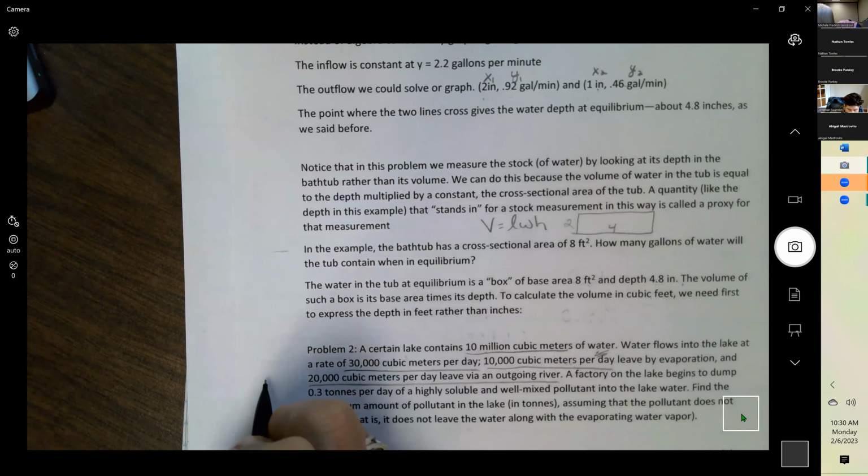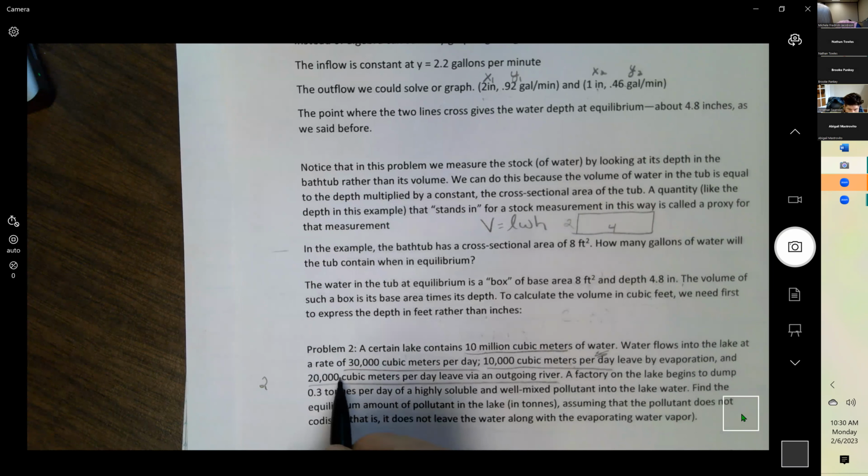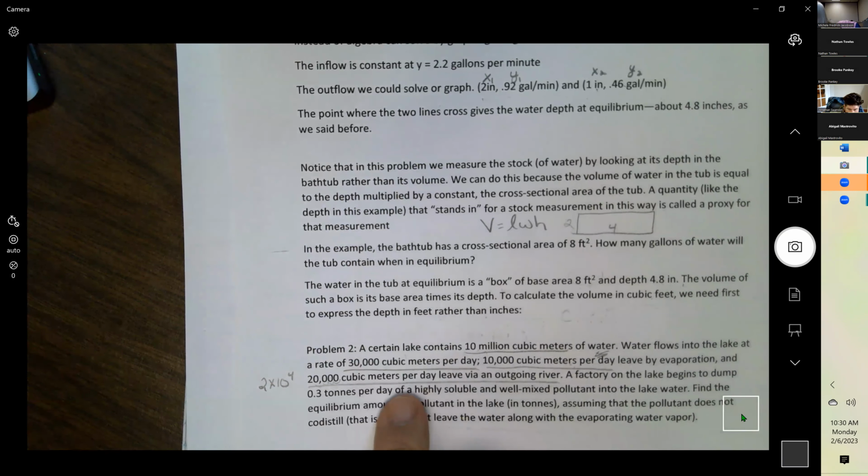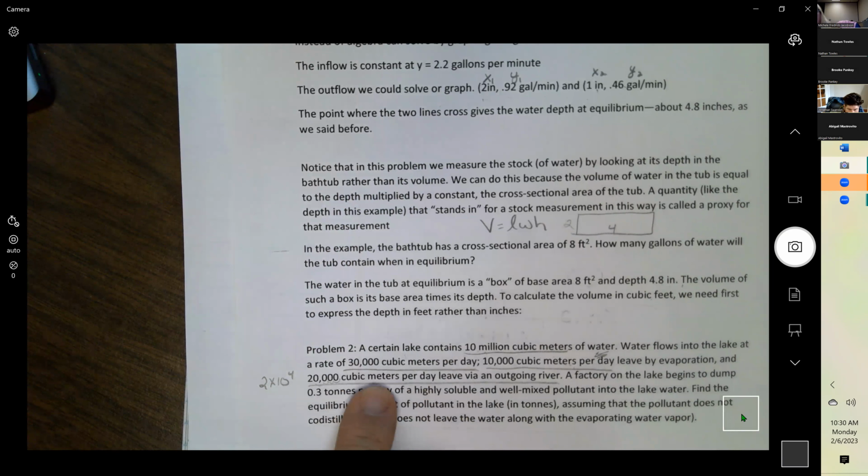So it would be 4 times 10 to the 4th, and cubic meters is the same as a ton.